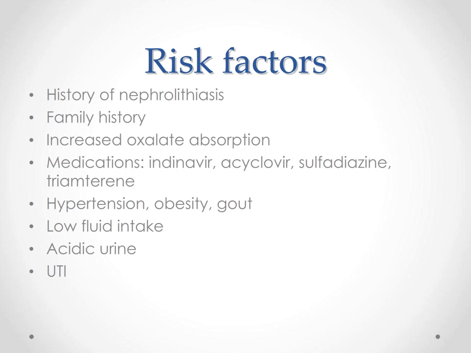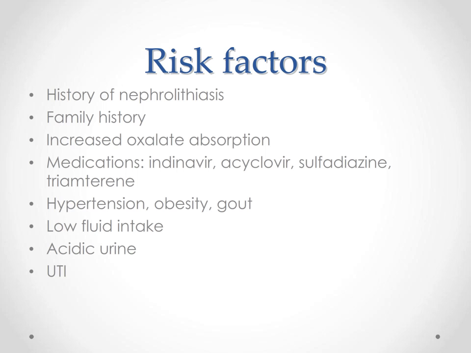And some of the reasons that you do get increased oxalate absorption are, for example, bariatric surgeries. These people often present with calcium oxalate stones. Some medications like indinavir, acyclovir, sulfadiazine, triamterene, taken for different types of infections, can cause urine to crystallize and create stones.